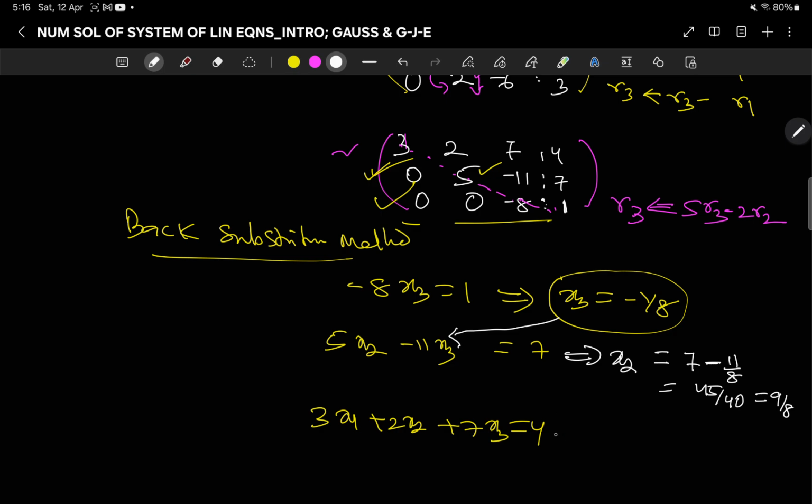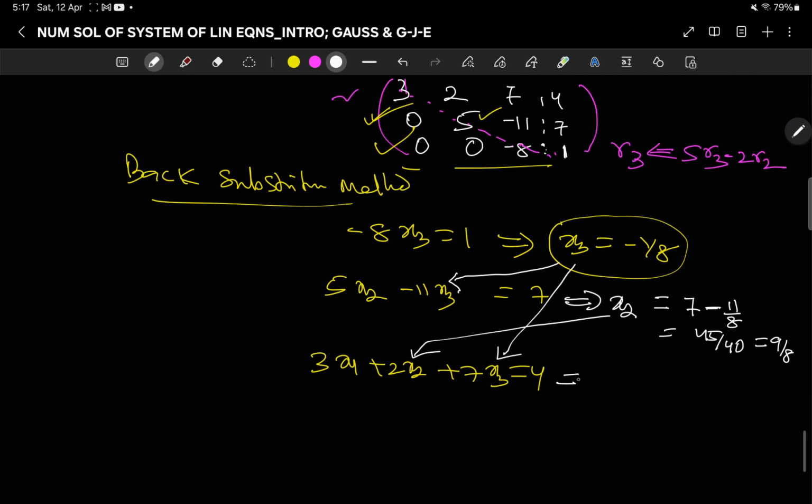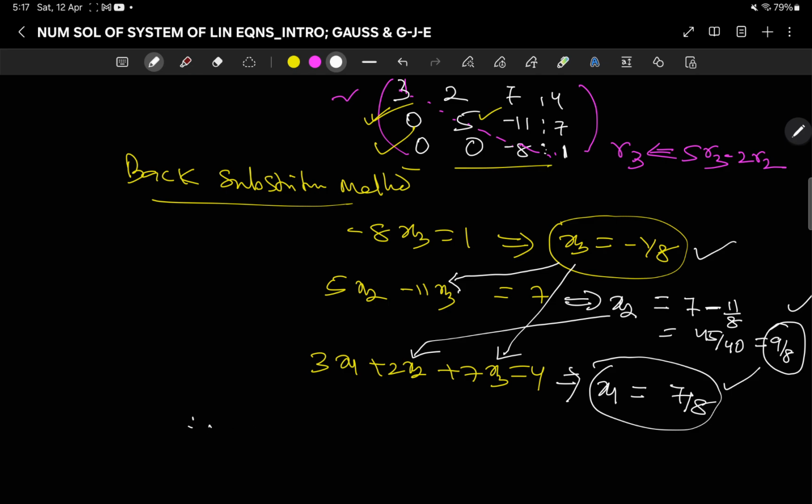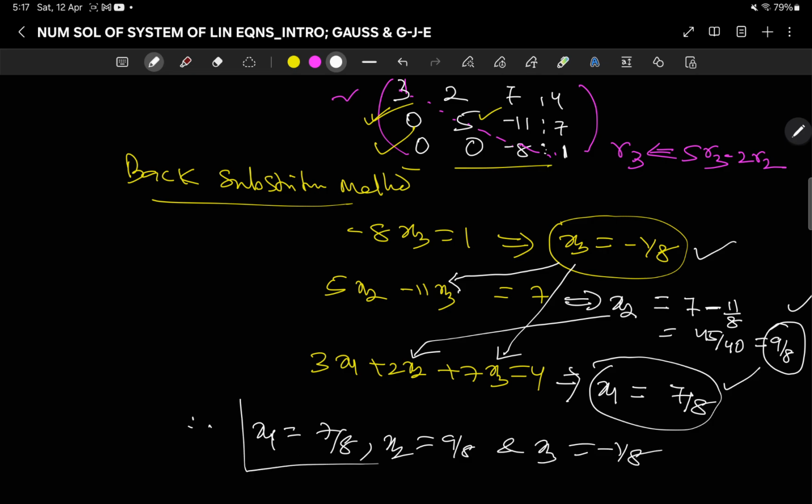Now substitute the value of x3 and the value of x2 here, and this implies x1 will be 7 by 8. So this is x1, this is x2, and this is x3. Therefore x1 is 7 by 8, x2 is 9 by 8, and x3 is minus 1 by 8. This is the desired solution, and this solution is unique here.